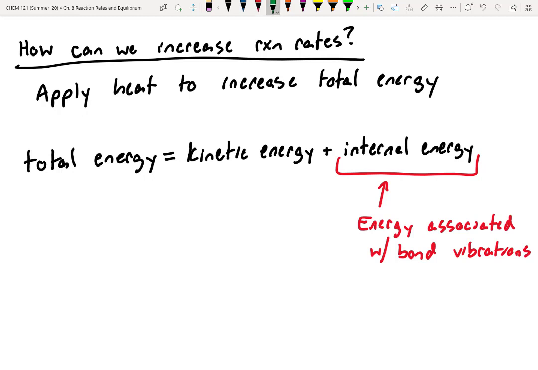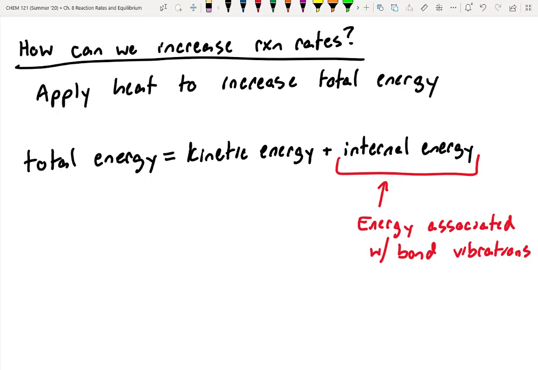So a good way of describing this is, let's imagine that we have a little water molecule, right? If we heat up this water molecule, these little arms could almost act like rockers and they could vibrate back and forth. In addition, they can almost act like springs and go in and out. That gives us more internal energy when we vibrate the bonds within molecules, which is kind of interesting.